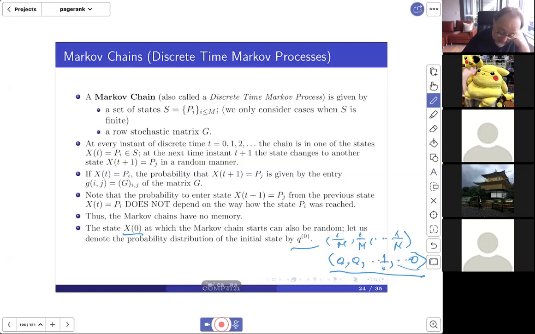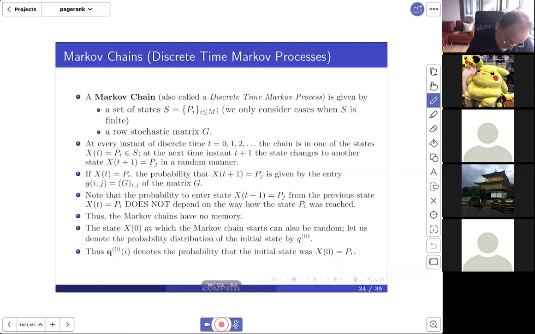So starting at a random state and starting from a particular state always, and evolving by doing these impatient random clicks will produce the same probabilities.